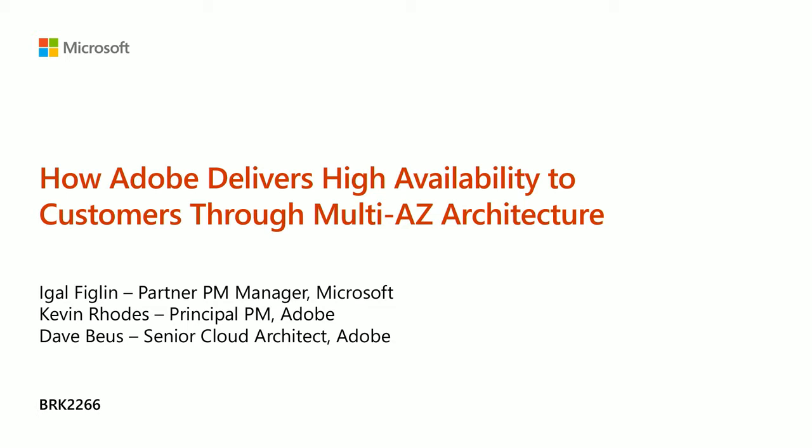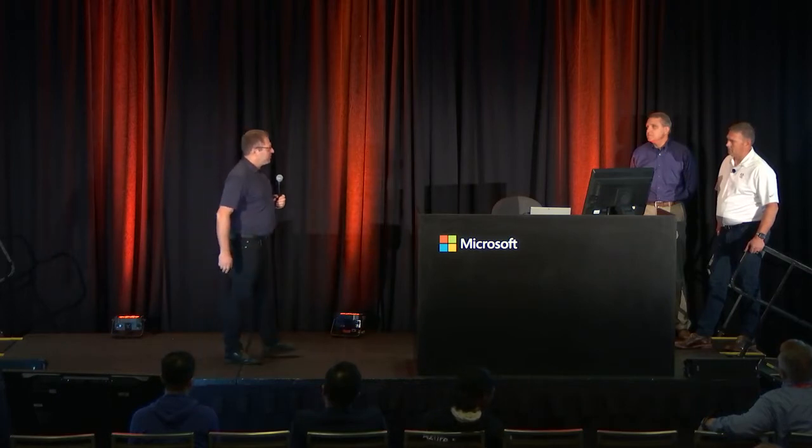When we thought about sessions for this Ignite, we were thinking about which customer actually implements all the various possibilities, all the various options of high availability on Azure, which could be useful also for other customers, and definitely Adobe implements a lot of great examples. So in this session, we are going to go over those examples, and hopefully this will demonstrate how to achieve high availability, best possible configuration, best possible architecture for the complex world-scale applications on Azure.